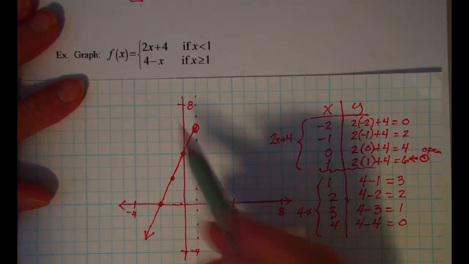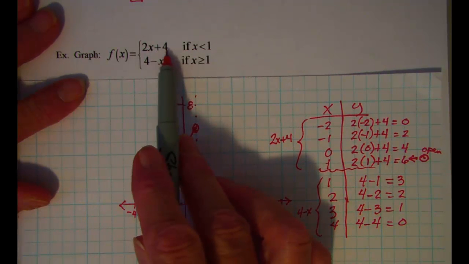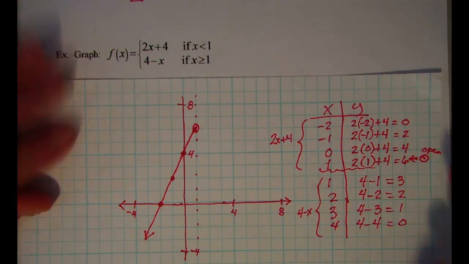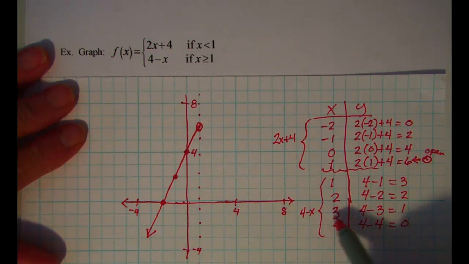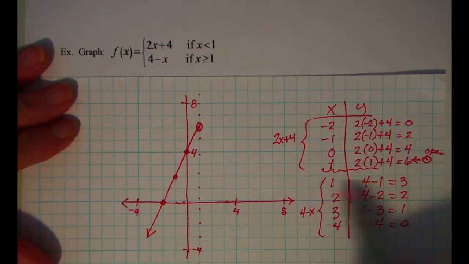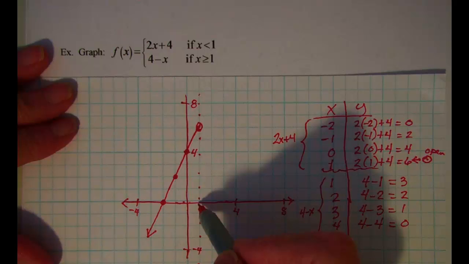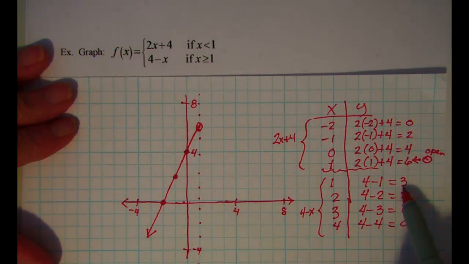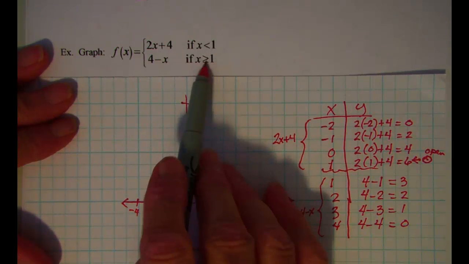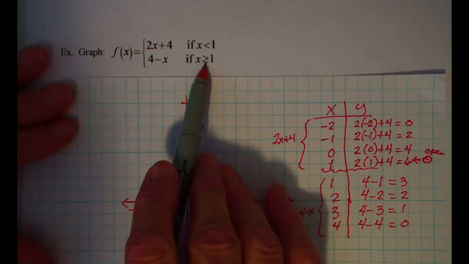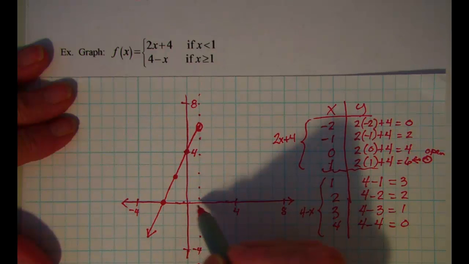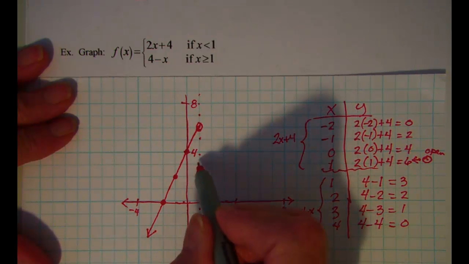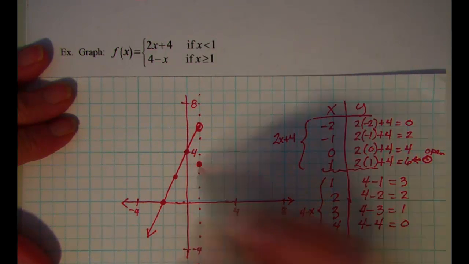So that one fits that y equal mx plus b. All right, let's go ahead and graph to the right of x equal 1. When x is 1, y is 3. Now on this one, for the bottom rule, I am allowed to use that point. When x is 1, y is 3. So I'll have a solid dot at that point.